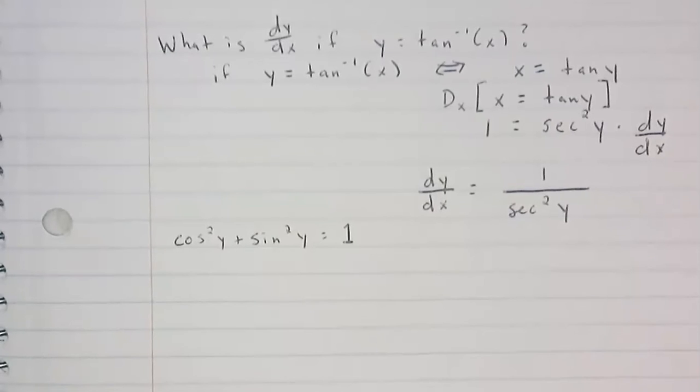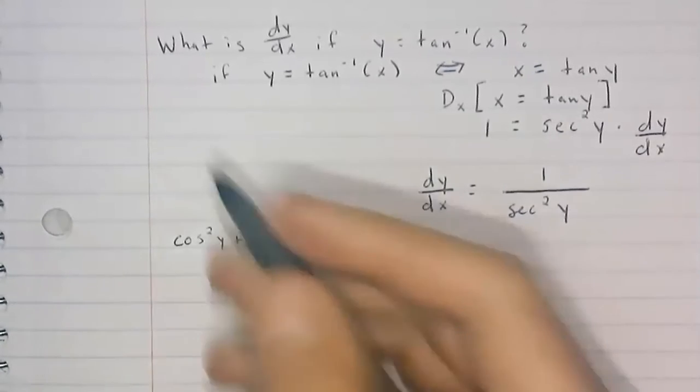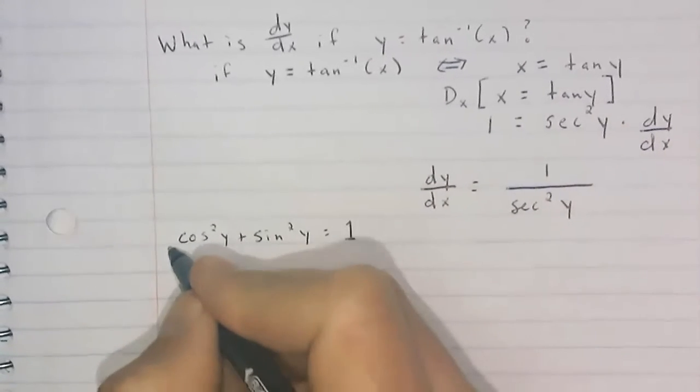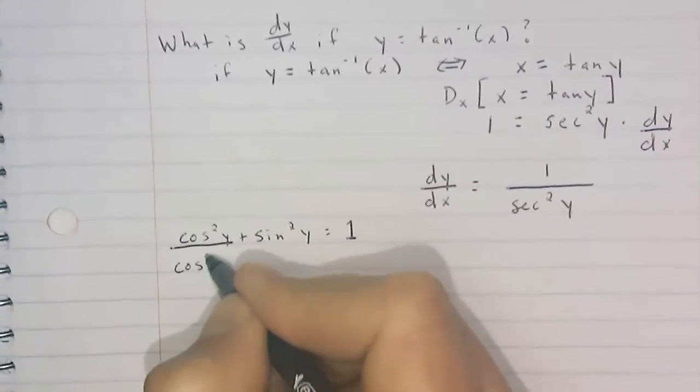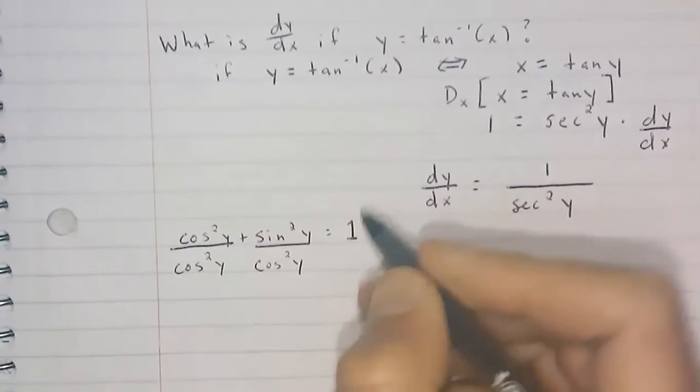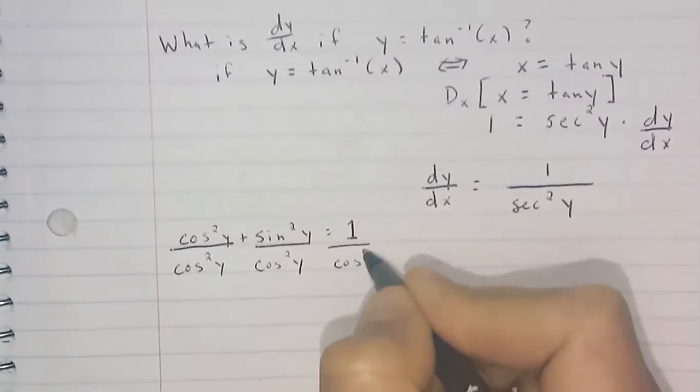The remaneuvering we can do here is to divide both sides by cosine squared y.